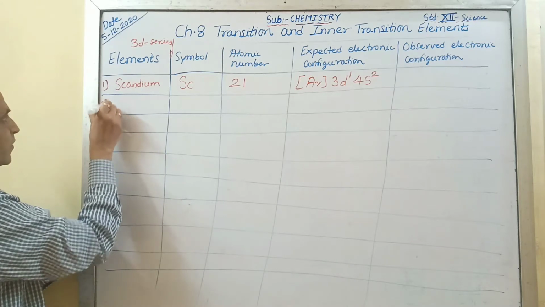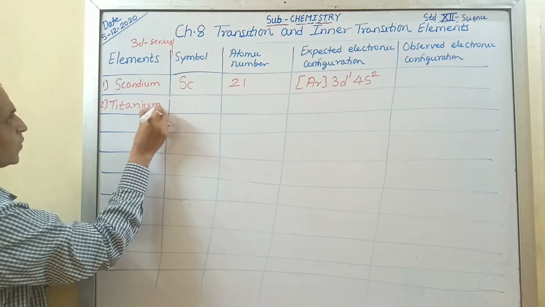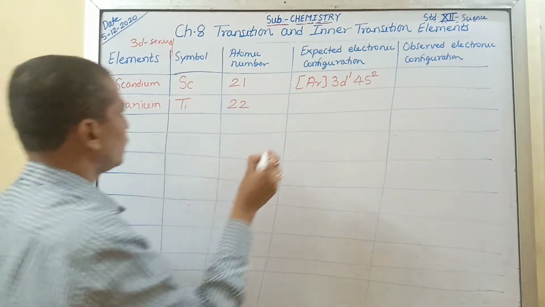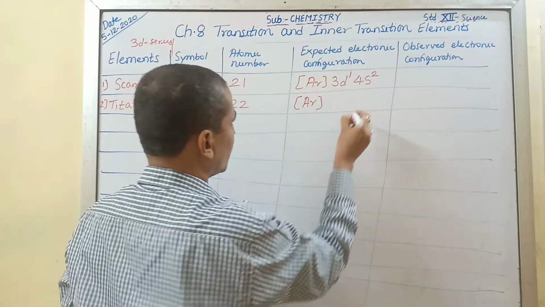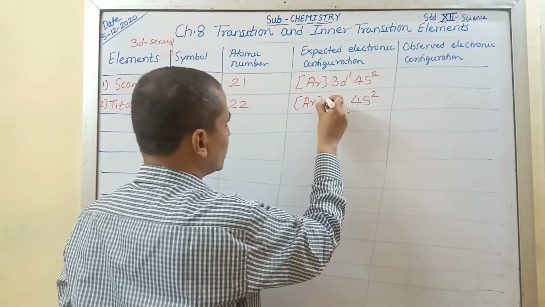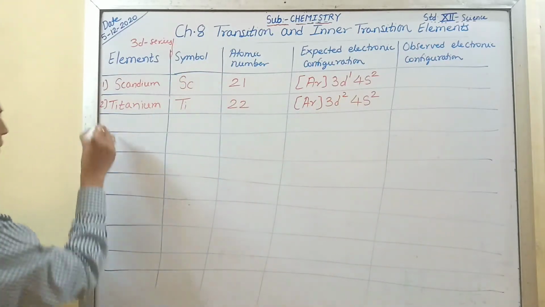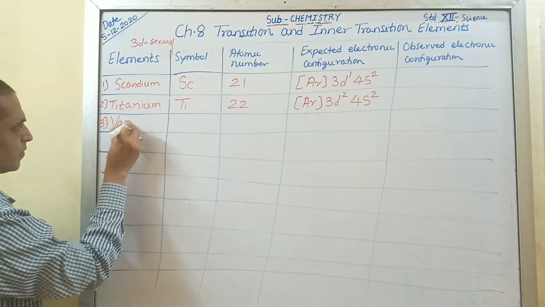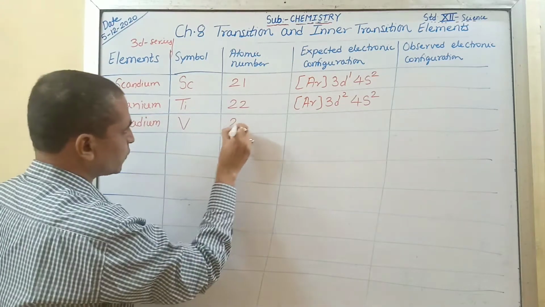Now see the second element, titanium. The atomic number is 22 and its symbol is Ti. I have written Ar, argon. You know that again it is 4s2, and the last electron enters the d subshell, so it becomes 3d2. Next element, vanadium, symbol V, atomic number 23.